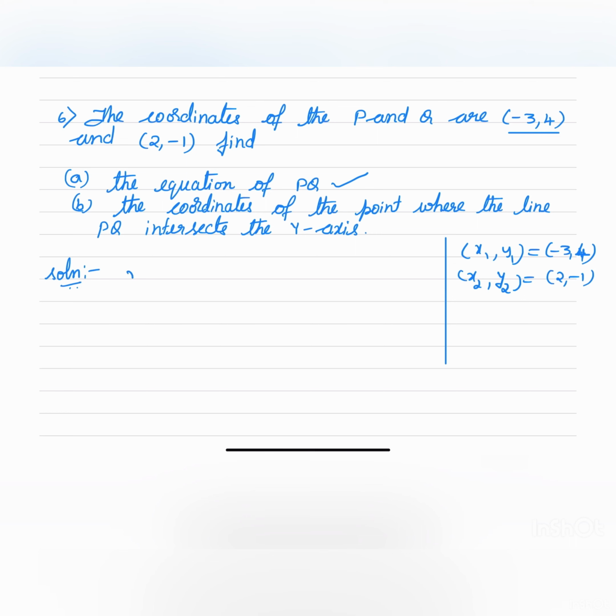So we need the slope for this. M is equal to y2 minus y1 divided by x2 minus x1. Let us substitute the values. Minus 1 minus 4 divided by x2, which is 2, minus of minus 3. That is equal to minus 5 by 5, that is minus 1. M is equal to minus 1.